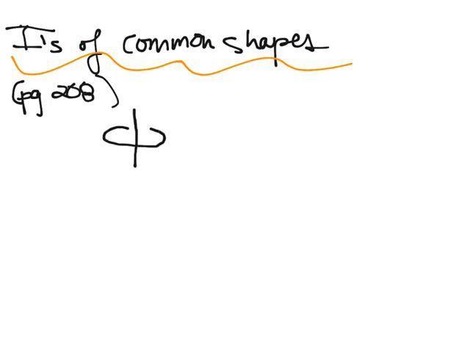The main ones that I'm going to want you to know are a thin loop. The axis of rotation I'm going to represent with a dotted line through the center. Then the loop will have I equals mr squared.